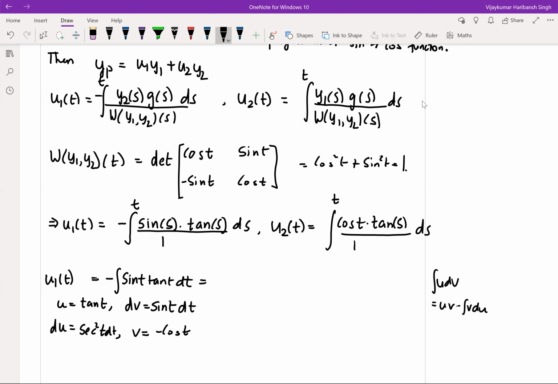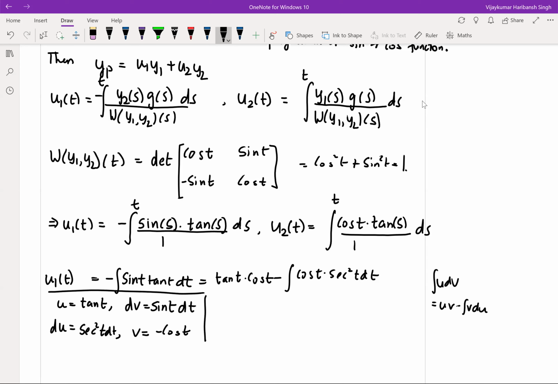So u is again tan t, times v, which is minus cos t, minus the integral of v du, which is again minus cos t times secant squared t dt.